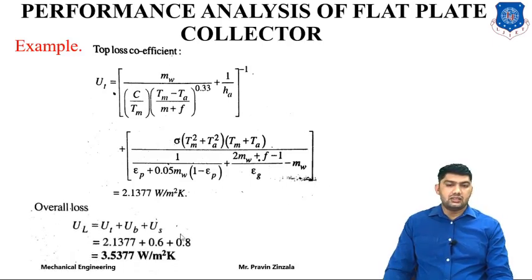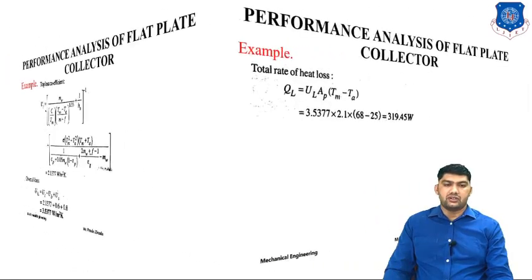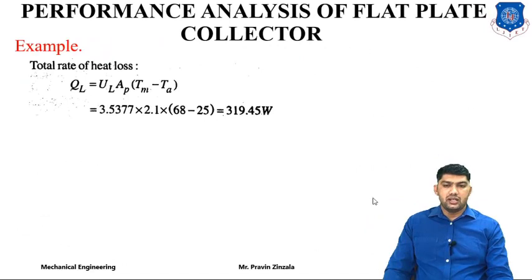The overall loss is the summation of all losses: top loss, bottom loss and side loss. After calculating the top loss, the bottom loss is given and the side loss is also given. So all our losses equal 3.5377 watt per meter square Kelvin. In many examples the losses are given, but if not given, you have to calculate them from different equations from thermodynamics or heat transfer.